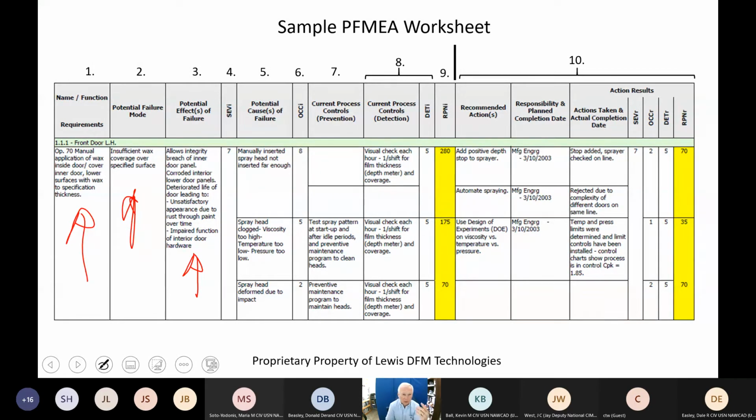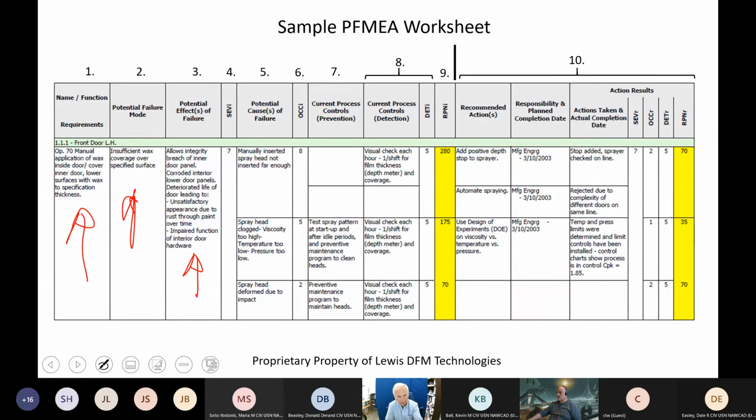Some potential effects of this failure are that it allows the integrity breach of the inner door panel. It means the interior door panel gets rusted, gets corroded, and deteriorates the life of the door, leading to unsatisfactory appearance due to rust through the paint over time, and an impaired function of the interior door hardware that's in the door.